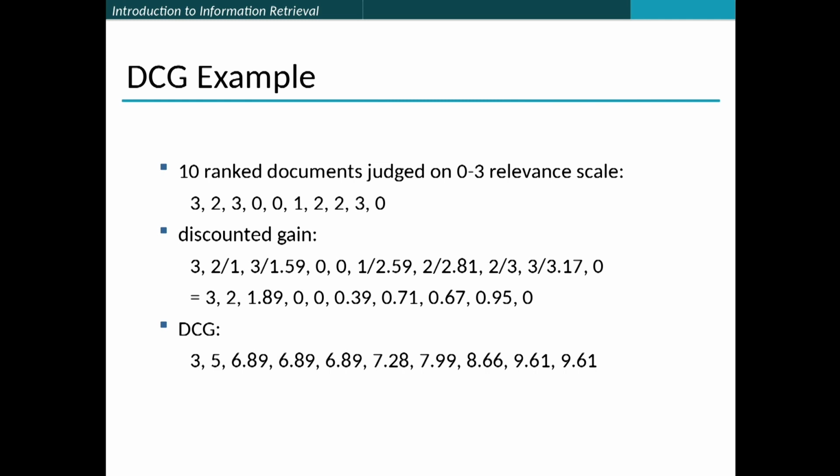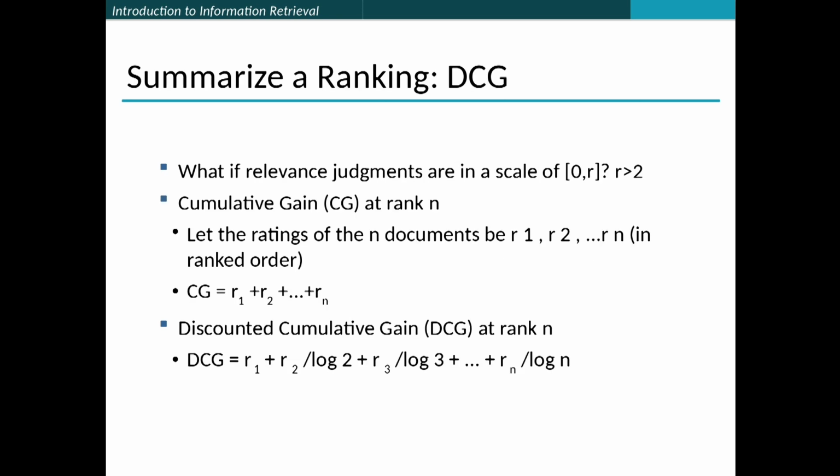Again, first concept, instead of relevant, not relevant, 0, 1, we have a number telling you how much this document is relevant. And we use this number in the discounted cumulative gain in order to evaluate the quality, the relevance of our ranking list.